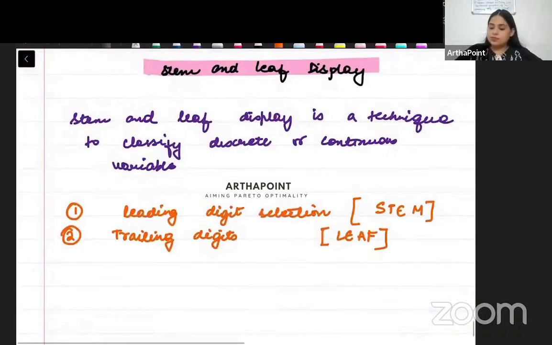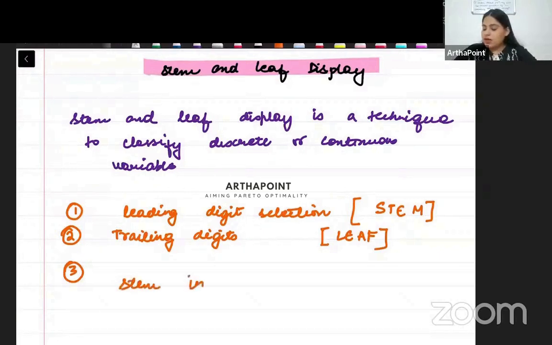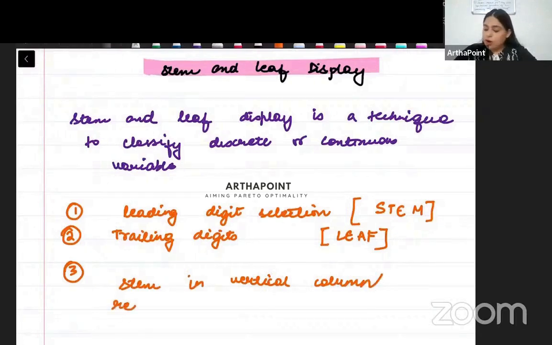Okay, beta. So then you will have the trailing digits, and the trailing digits will be called leaf. Third, after you have selected what your stem and leaf will be, you will put stem in a vertical column. Right? And you will record leaf corresponding to stem.